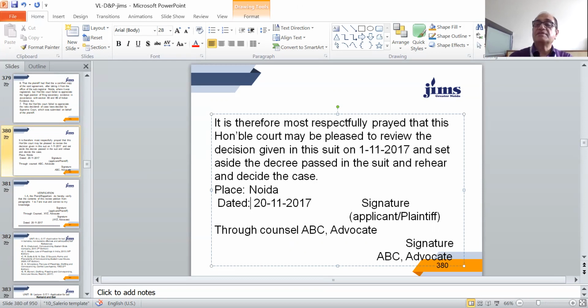The plaintiff has to append his signature on this review petition, so you will obtain the signature of your client. And since this review application has been drafted by some advocate, ABC advocate, you will write down through counsel, ABC advocate, and ABC advocate will also sign this review application.